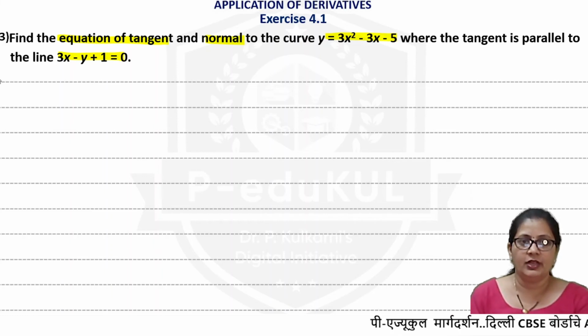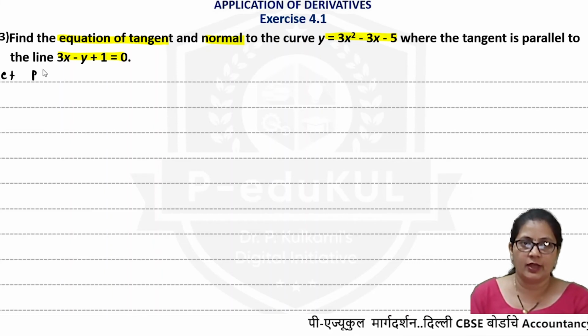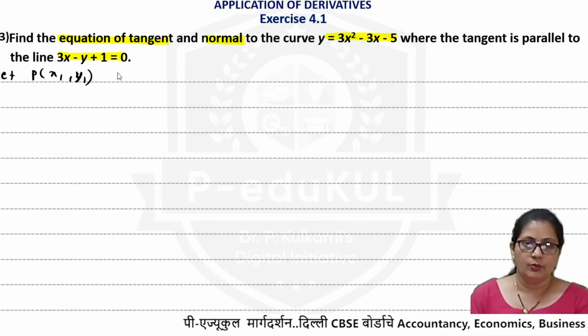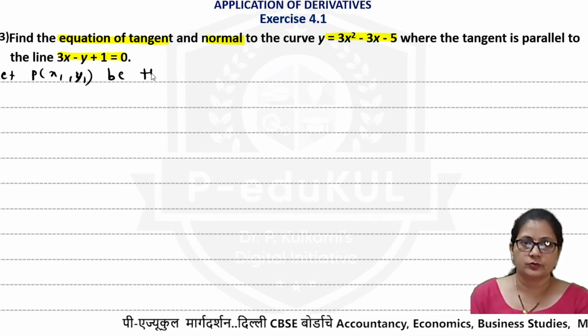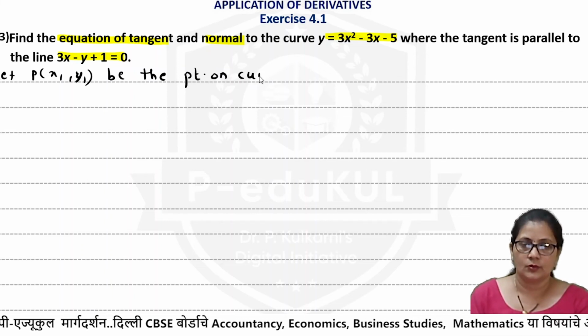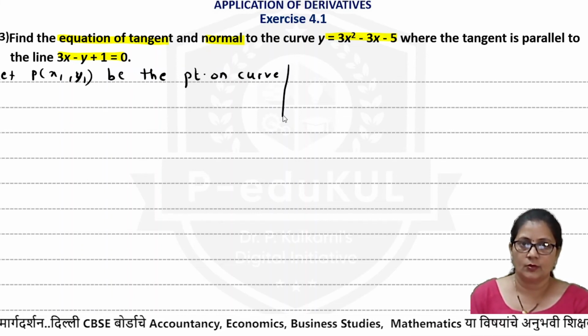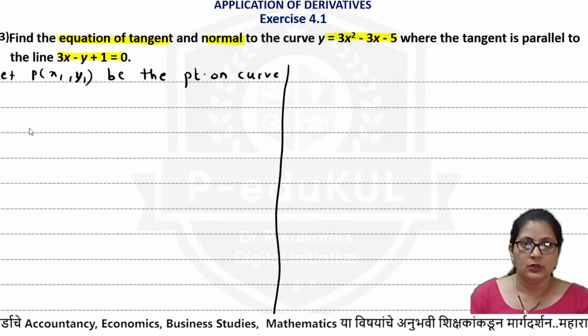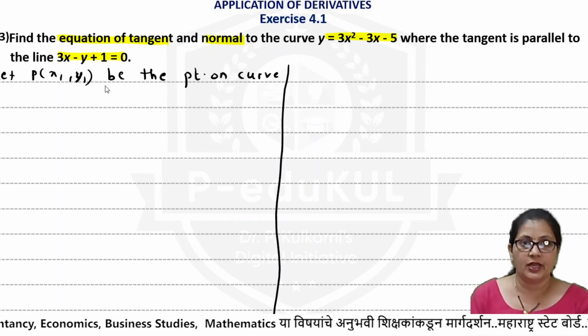So again I will let the point P(x1, y1) be the point on the curve. Now I'll calculate the derivative of this.